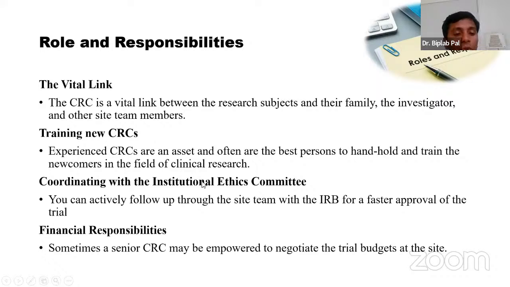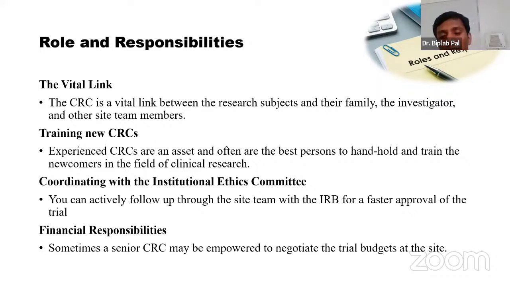Now, in a similar way, coordinating with the institutional ethics committee. Every hospital has its institutional ethics committee. Without the permission of the ethics committee, the trial cannot be started. So we need the approval letter for starting the trial at the hospital. The principal investigator or physician has to submit all the details: how the trial will be done, who the patients are, how many patients we need in the trial.